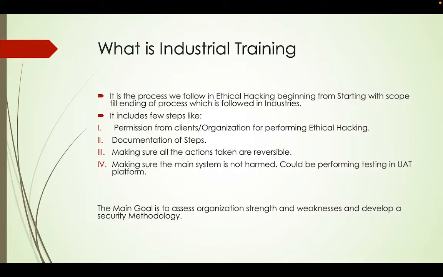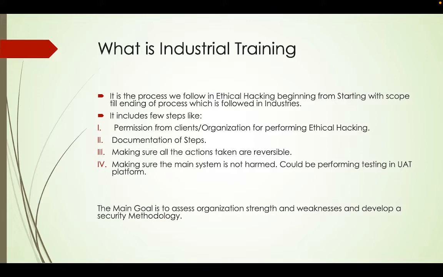The last point is making sure the main system is not harmed, by performing testing in a UAT environment, meaning we do not perform it in the main branch, so that if any harm or damage is done to the application, it does not harm their main branch. We can perform it on a UAT platform which is similar to the main branch, having all the same configurations, yet it is a dummy one.